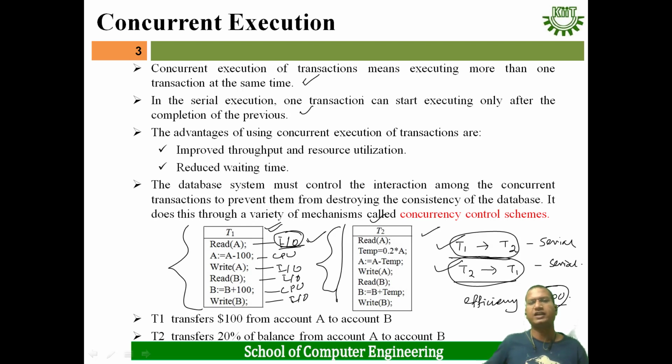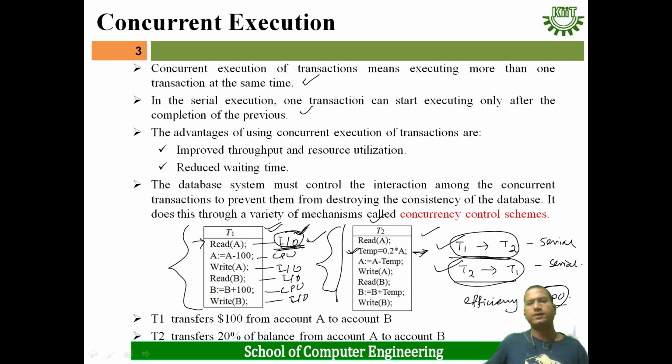At that moment, the CPU is idle. That means the CPU efficiency decreases in case of serial execution. That's why, whenever transaction T1 is executing its first instruction, which is an IO bound instruction, that means it requires IO for its execution. At that moment the CPU is idle. At that moment another transaction T2 can execute an instruction that is CPU bound. That means the CPU will be busy.